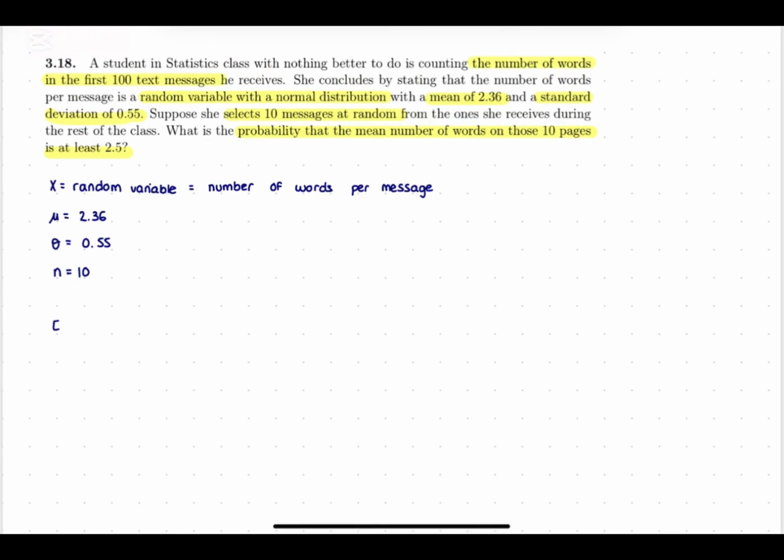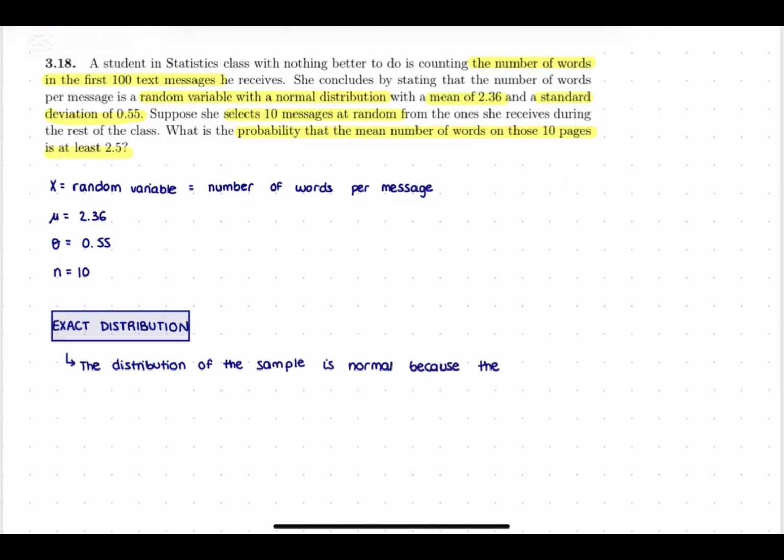Now, to know the distribution of the sample mean, we apply an exact distribution. The distribution of the sample mean is normal because the distribution of the variable is also normal.